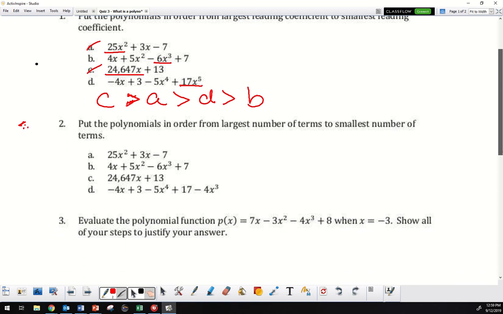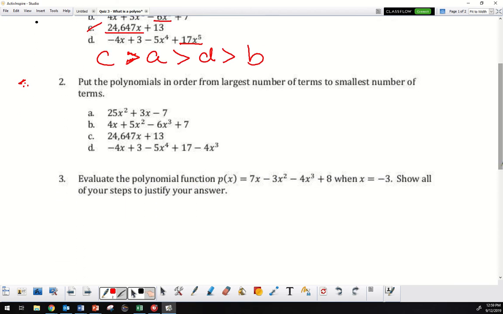Let's take a look at the next problem. Put the polynomials in order from the largest number of terms to the smallest number of terms. I'm going to look at each one. This one has 3 terms, this has 4 terms, this has 2 terms, and this has 5 terms.